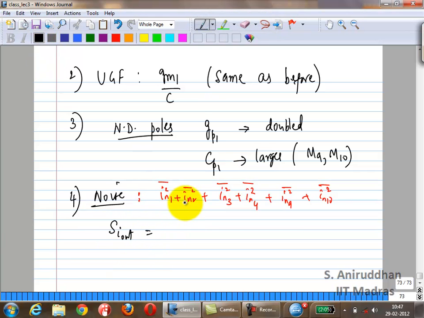So the output noise density is going to look something like this. What was it for the telescopic? One and 3, GM1, we didn't have the GM9 term, right?